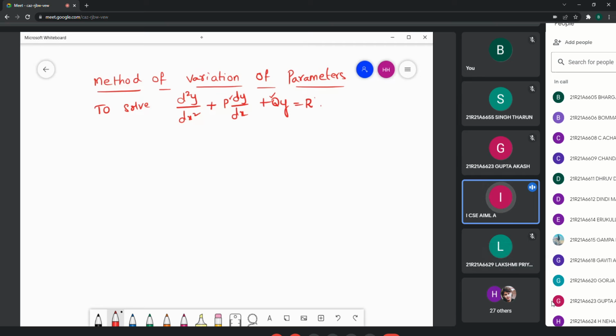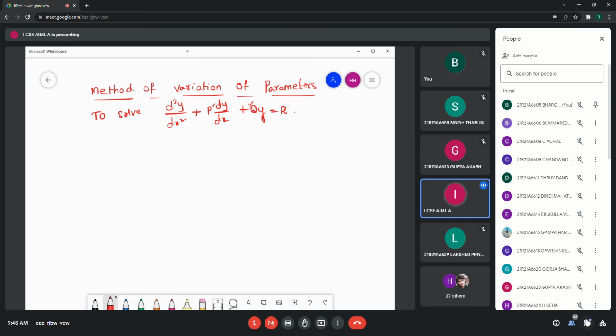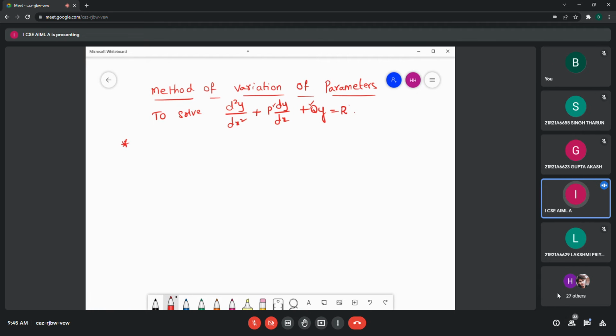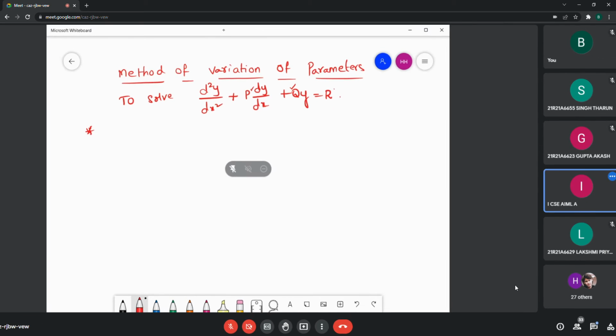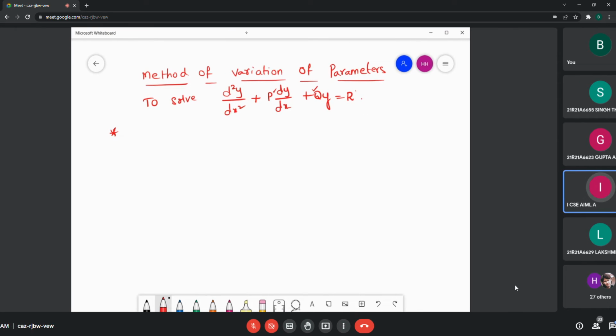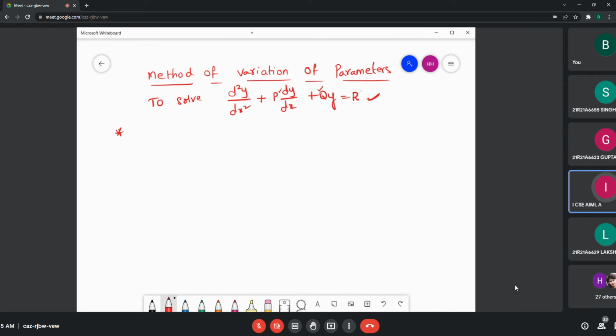These are the steps we follow in the method of variation of parameters. Step one: first write the given differential equation in the standard form. Next, find the complementary function, yc, which is equal to c1 into u of x plus c2 into v of x.